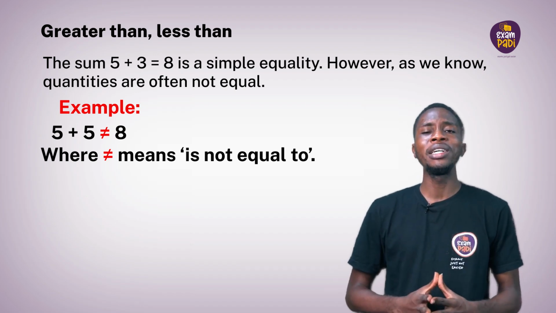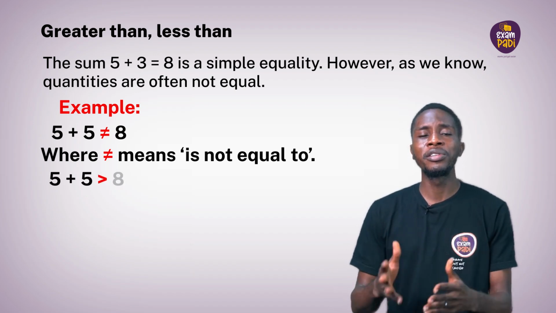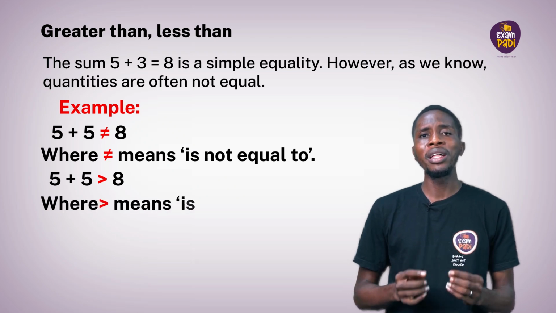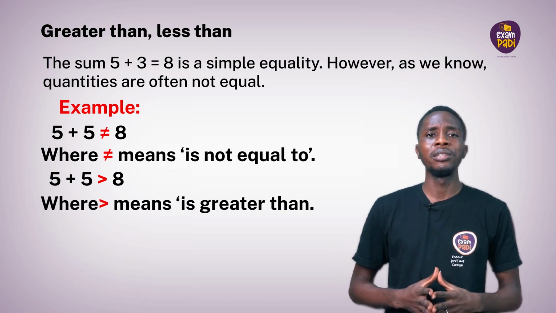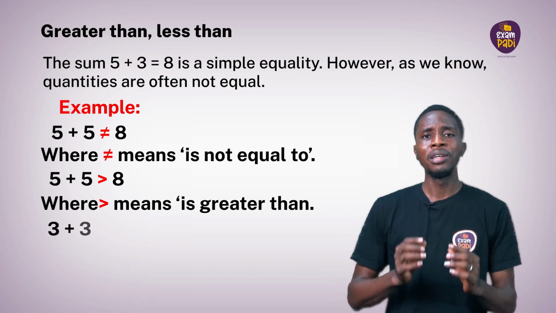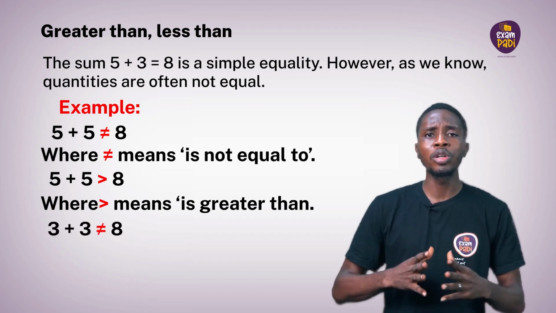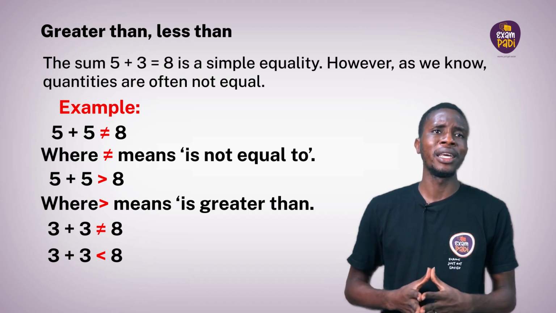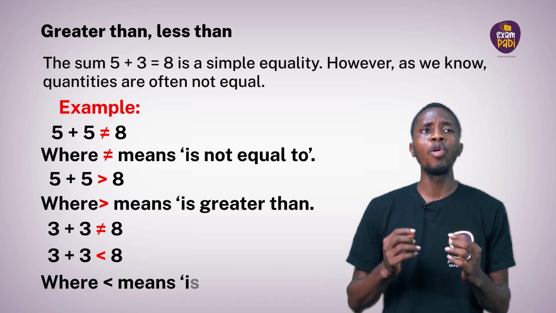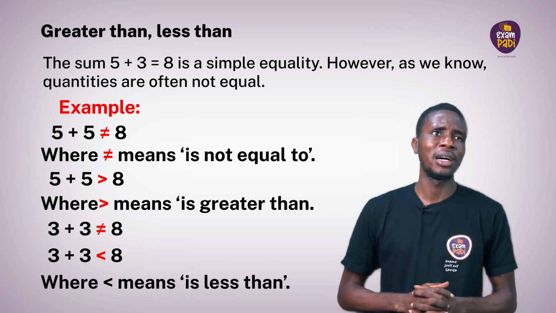We can also write 5 plus 5 > 8, where the symbol means is greater than. Similarly, we can write the following: 3 plus 3 does not equal 8. 3 plus 3 < 8, where the symbol means it is less than.